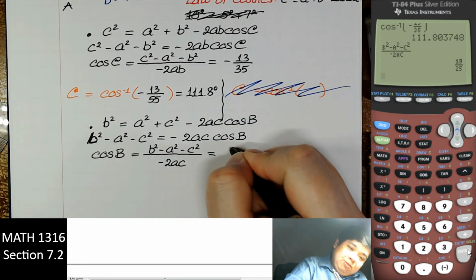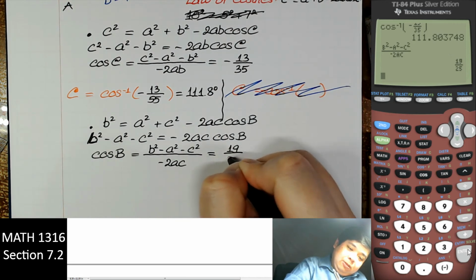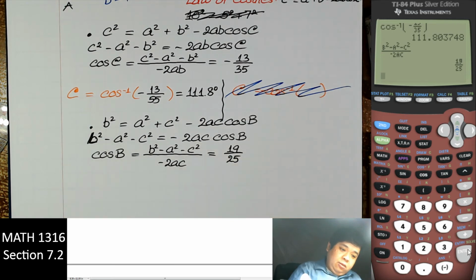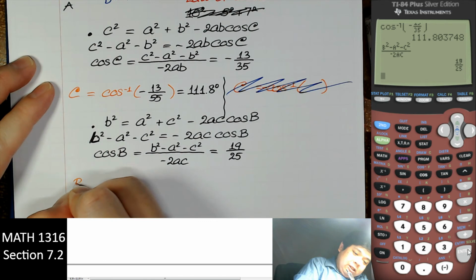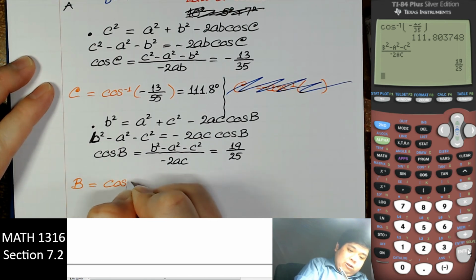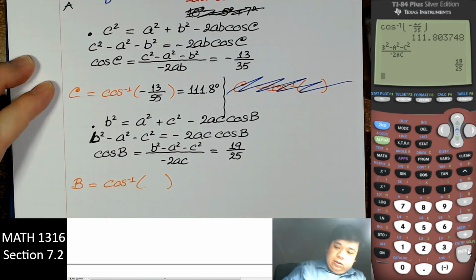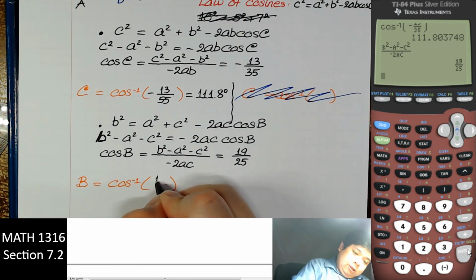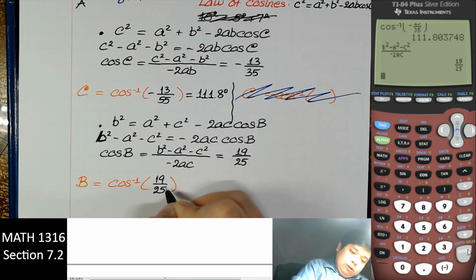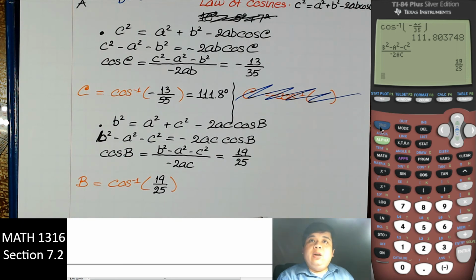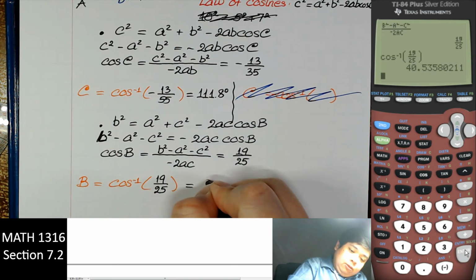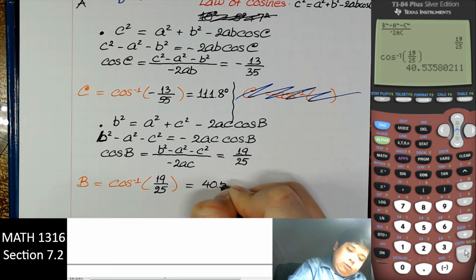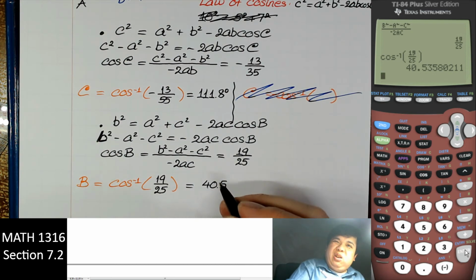19.25. And then we find the inverse, cosine inverse of that. 40.5.